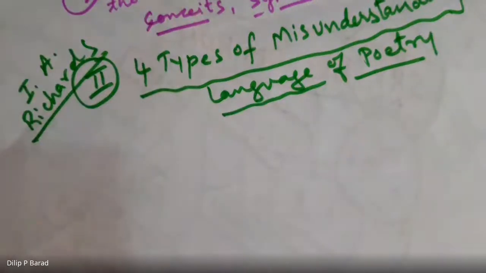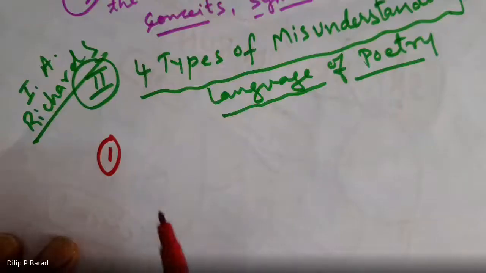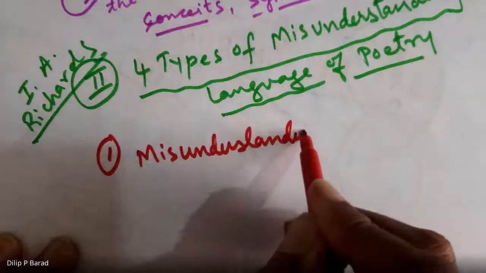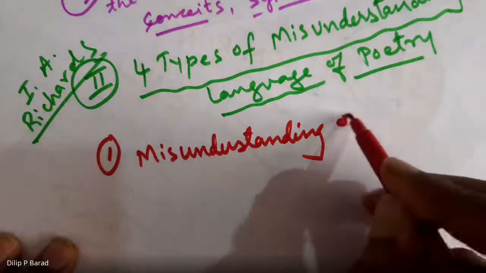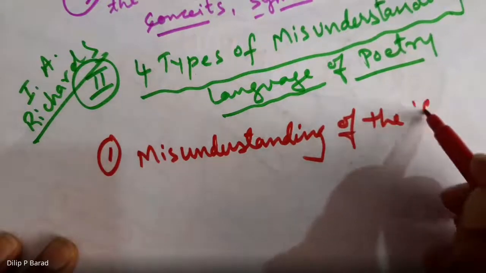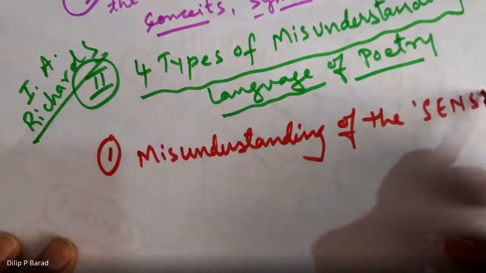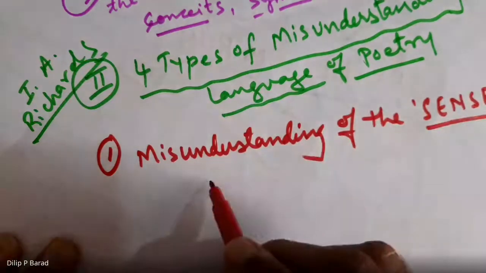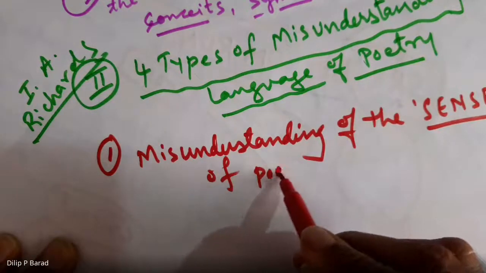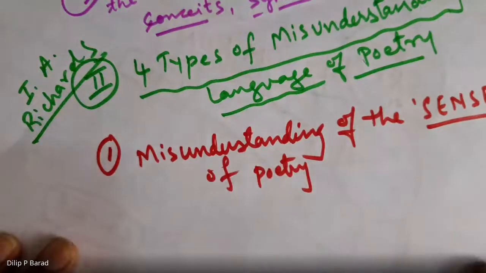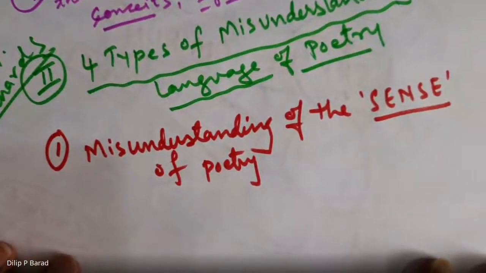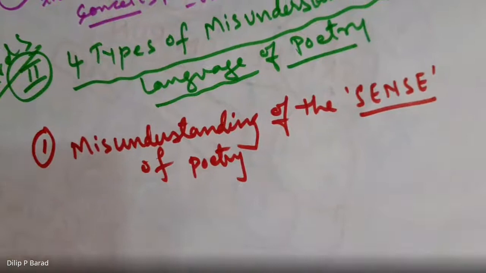First is misunderstanding of the sense of poetry. We can say, first is misunderstanding of the sense of poetry.